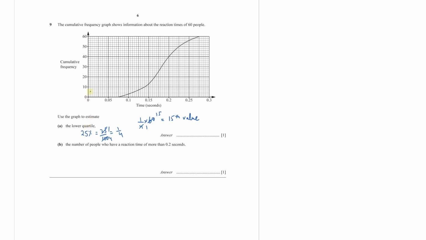So let's look at this graph to calculate the 15th value. So this is 0, 10, so this is 20. That means there are 5 boxes in between 10 and 20. So that means each small box represents 2. So this would be 12, this would be 14, and this one will be 15 here in the middle. So it's in the middle of this small box.